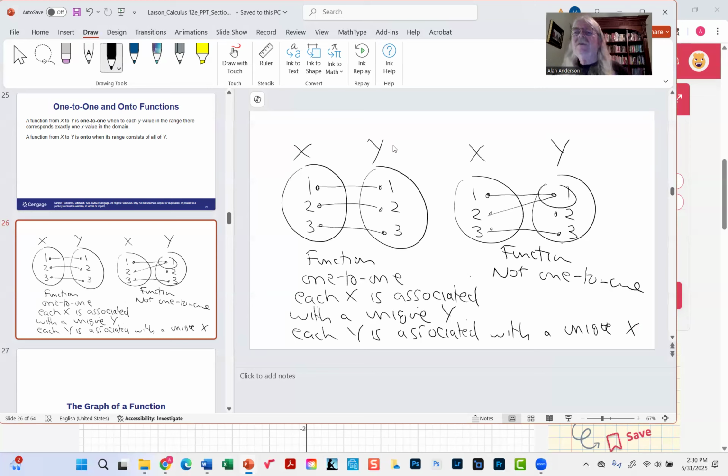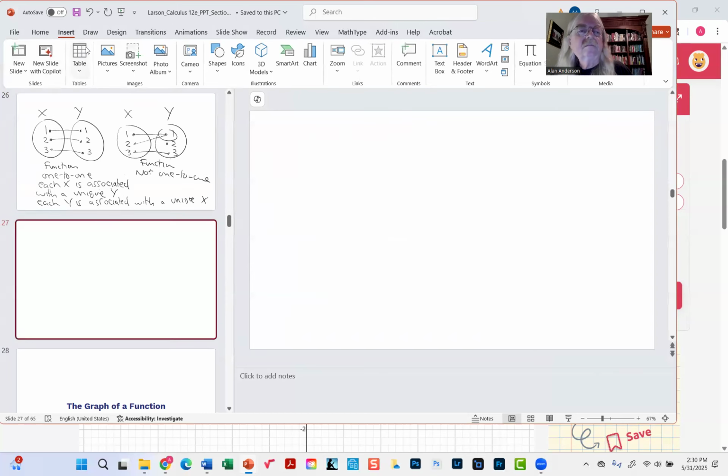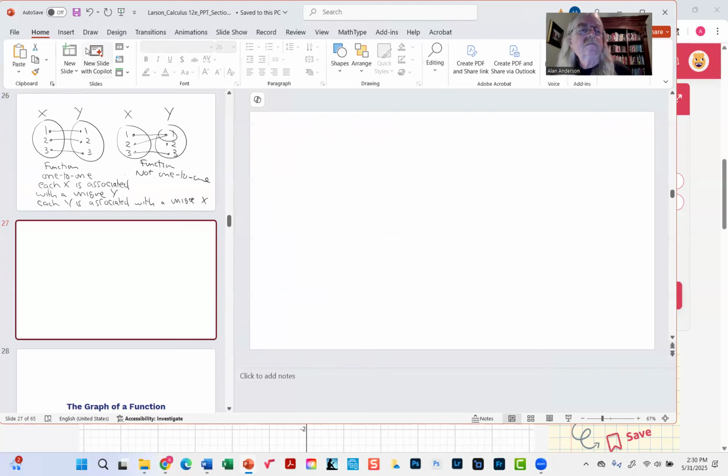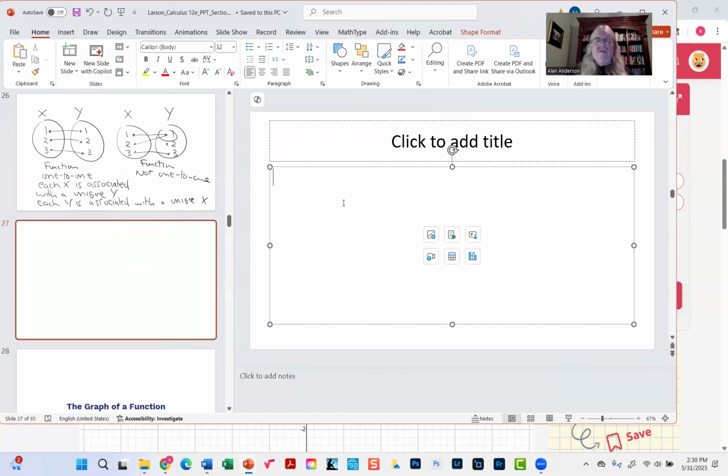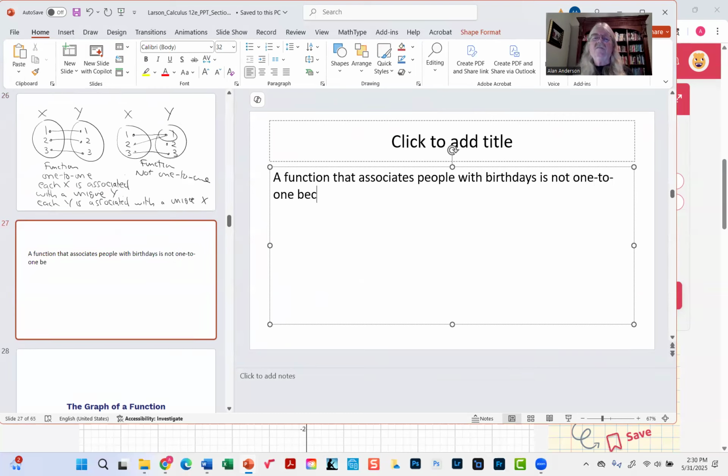So now let me give you a real world example of this that I think will help understanding. Say a function that associates people with birthdays is not one-to-one, because more than one person can have the same birthday.